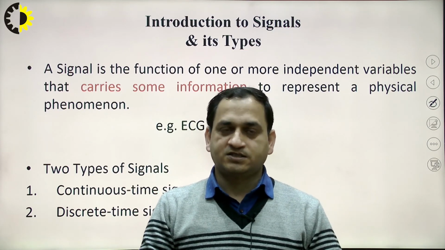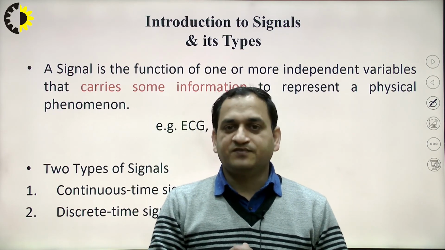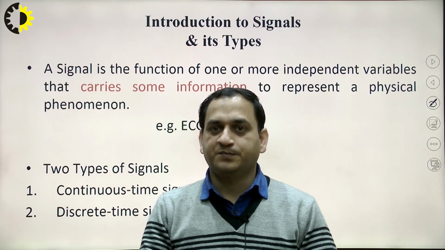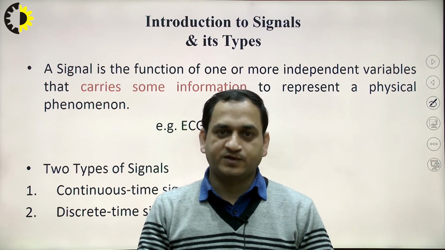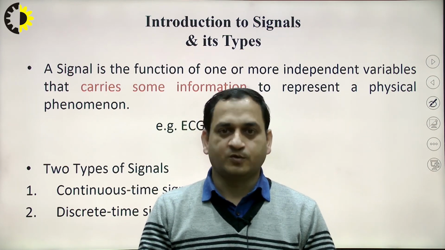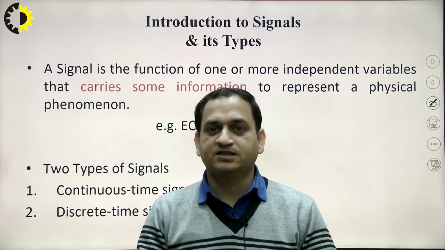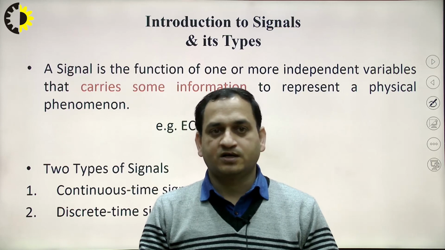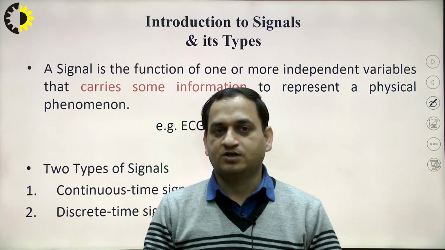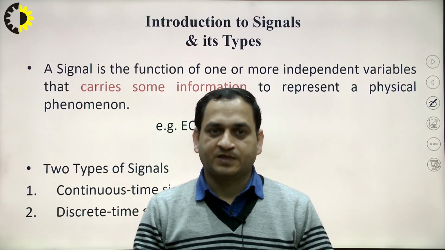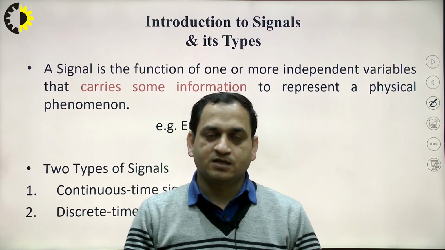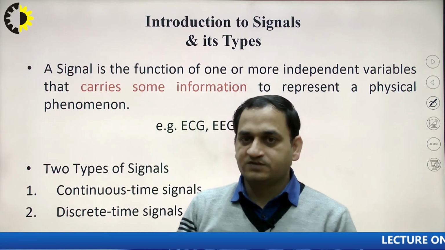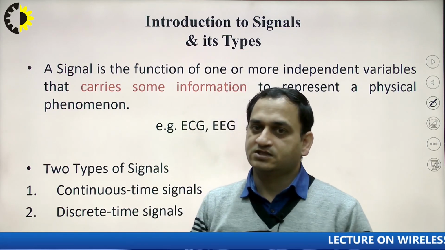As we said, signals are functions of one or more independent variables that carry some information to represent a physical phenomenon. I gave the example of voice, but a signal can also be an ECG or EEG, electrocardiogram or electroencephalogram. These are examples of signals. Different types of signals are available in our syllabus, and we will study all these signal types.